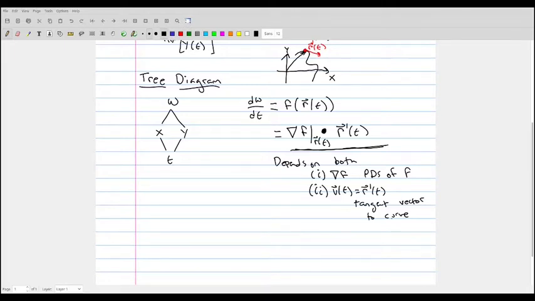but remove the dependence on the velocity vector. What this is saying is that if you're moving faster along the curve, that's going to make the rate of change along the curve of the function much higher, which makes a lot of physical sense.